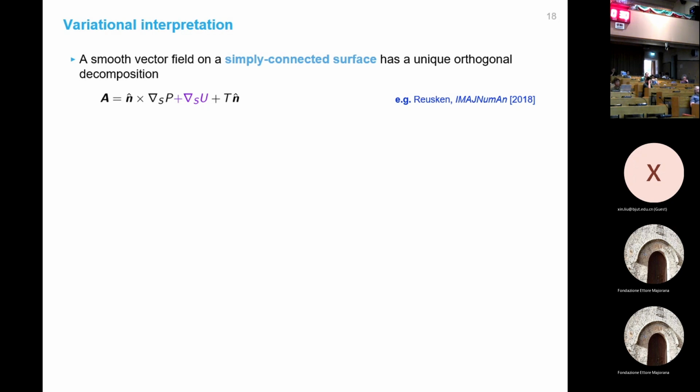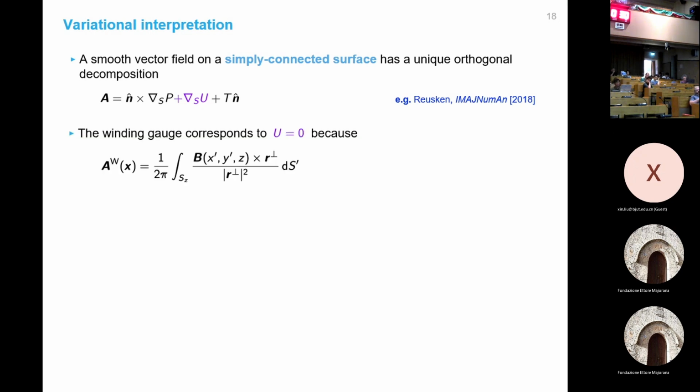So the S here always means in the surface, and then the component normal to the surface. And the winding gauge corresponds to setting u equals 0 here.